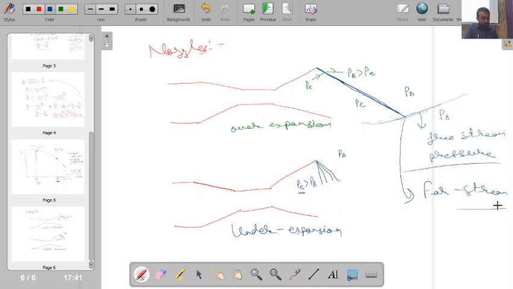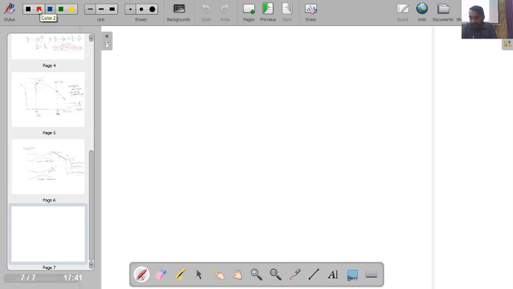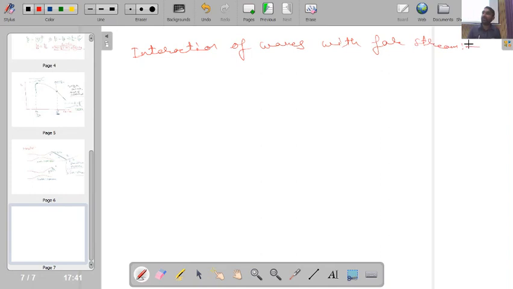So let's first study the interaction of waves with the far stream. This will help us in understanding what type of flow can come downstream of the nozzle if we have an over expansion or under expansion like situation.